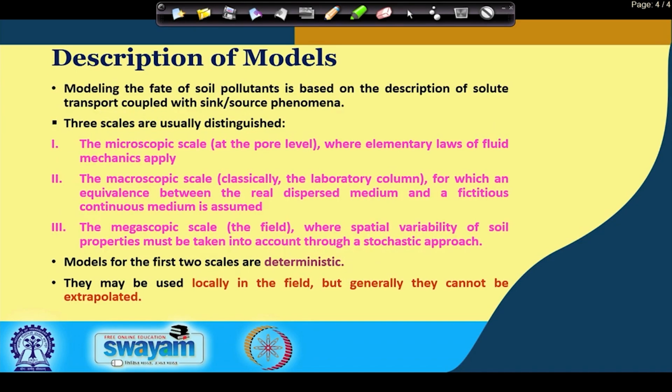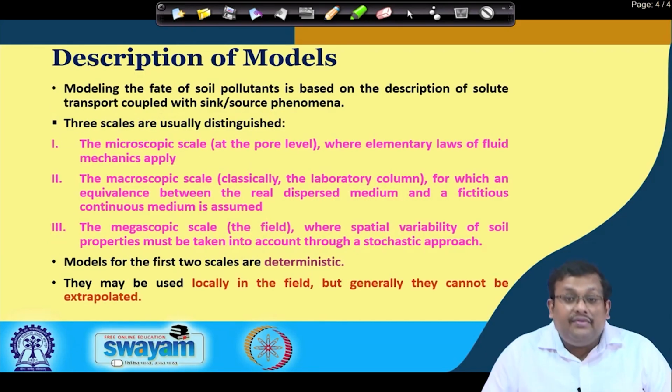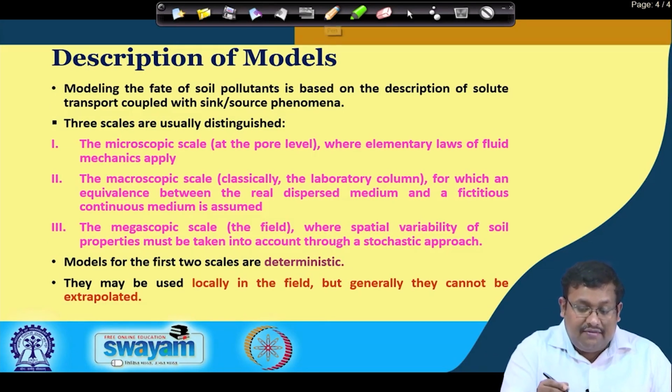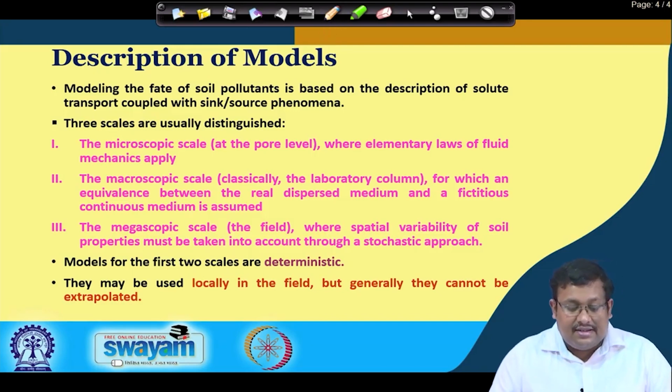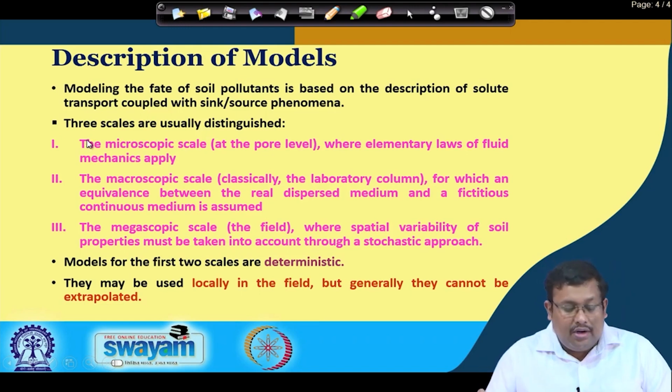Then we have also discussed this compartmentalization of the soil profile and also the outputs. Then we have also discussed the description of the models. Remember we have described the models in terms of three different scales. One is microscopic scale, which is at the pore level, then macroscopic scale which is at the laboratory level, and then megascopic scale in the field.